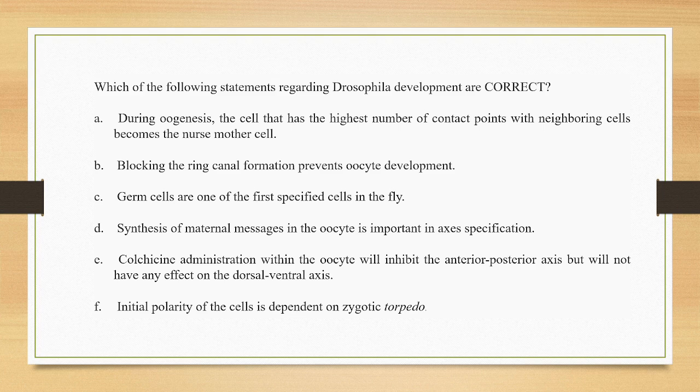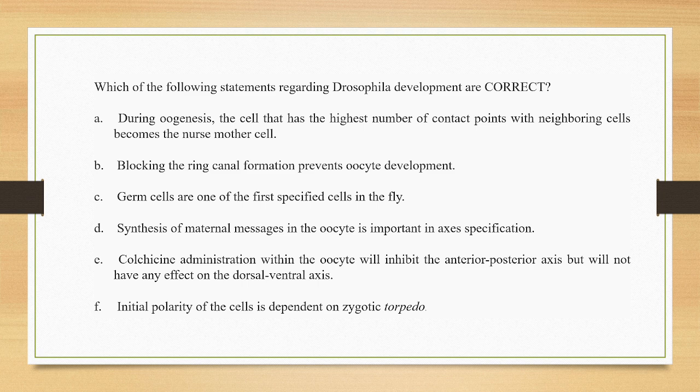Now, quickly we'll try to understand each and every option. We have to select the statements which are true for Drosophila development. The first statement is, during oogenesis, the cell that has the highest number of contact points with neighboring cells will become the nurse mother cell.